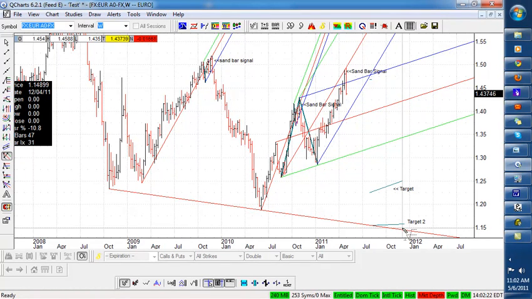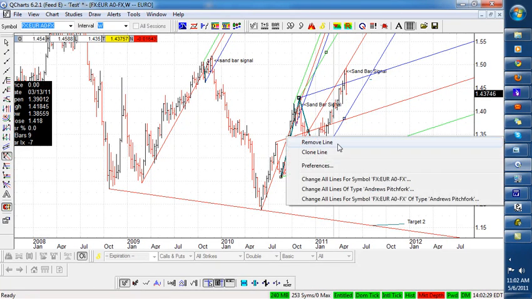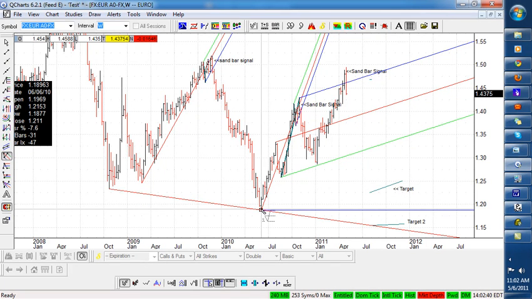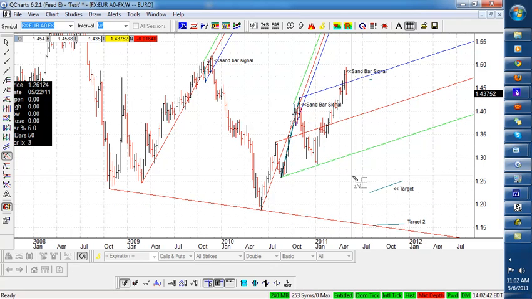Okay, and we know that the market is cooperative sometimes, it really isn't perfect. So if it doesn't go down to here, where else would I be looking? Well, I'd be looking at here. Why is that? Well, what you do is draw your lines, and what you'll find is you have a Newton coming in here.